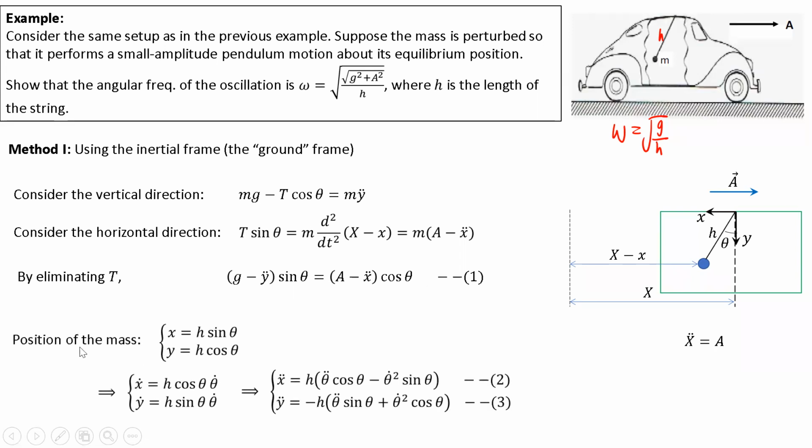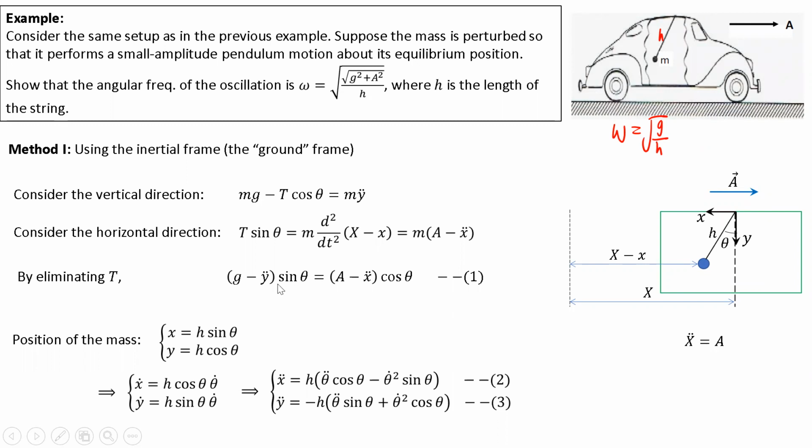The position of the mass in terms of theta is given here: x is just h sine theta, y is just h cosine theta. One thing to take note of is that I'm considering going down as the positive y, so that's why I don't have a minus sign here, just for convenience.